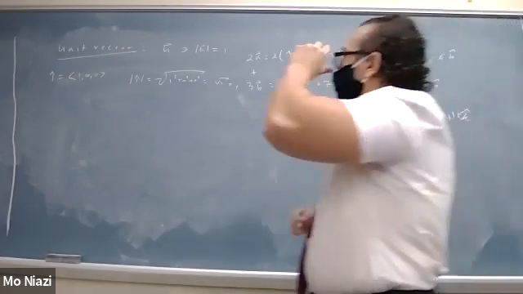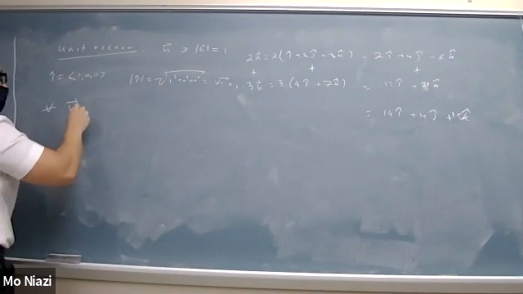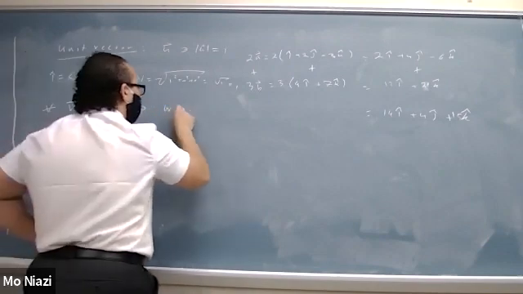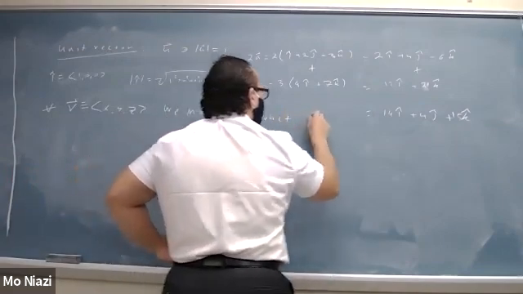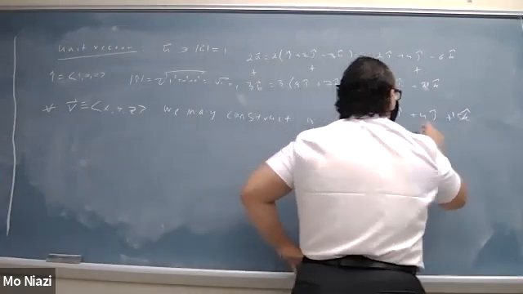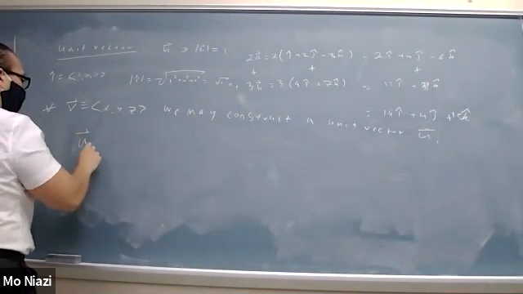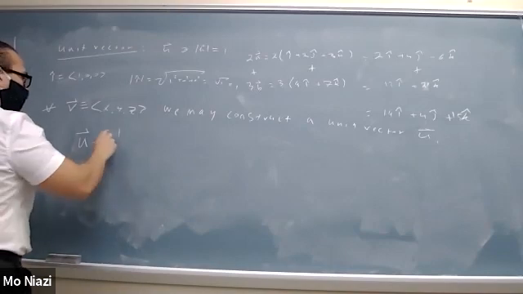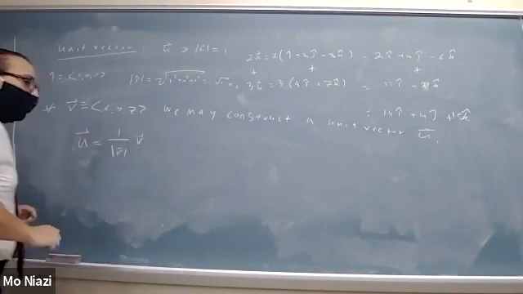So for any vector v, let's define it as x, y, z, we can construct a unit vector u just by doing this. U sub v, or we just call it u, we've defined it to be a unit vector, is equal to 1 over the magnitude of v multiplied times the vector v.